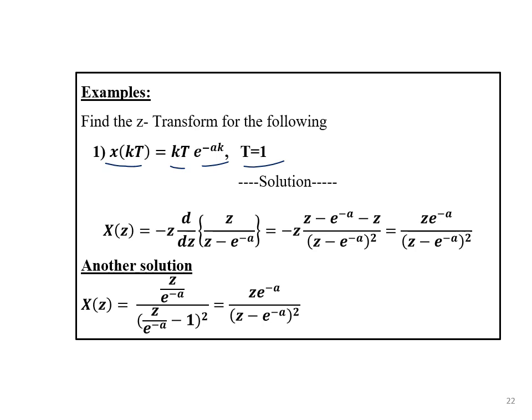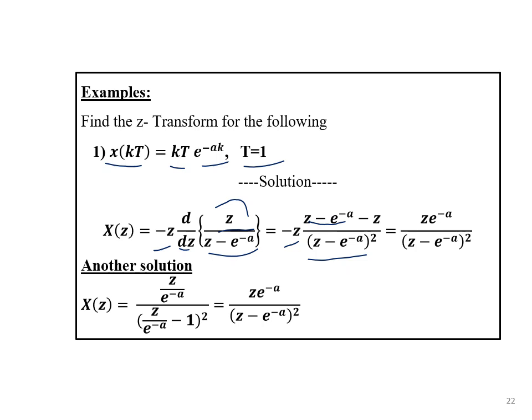For t equal 1, we get negative tz d by dz of the exponential z transform, z over z minus e to the power negative a, which is equal to negative z, and we get the derivative of the fraction with the denominator z minus e to the power negative a squared, and the derivative of the numerator equal 1 multiplied by the denominator z minus e to the power negative a, minus the denominator z minus e to the power negative a multiplied by the derivative of the numerator, which is equal to 1.